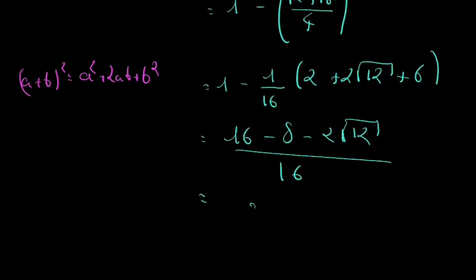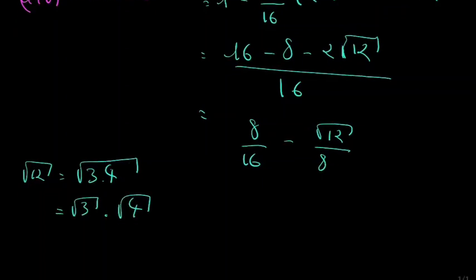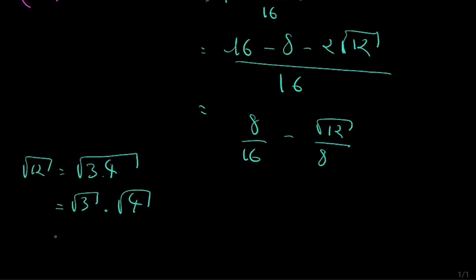This is equal to 8 over 16 minus square root of 12 over 8. I simplified by 2, and square root of 12 is equal to square root of 3 times 4, which is equal to square root of 3 times square root of 4, and square root of 4 is equal, of course, to 2. So it is equal to 2 square root of 3.